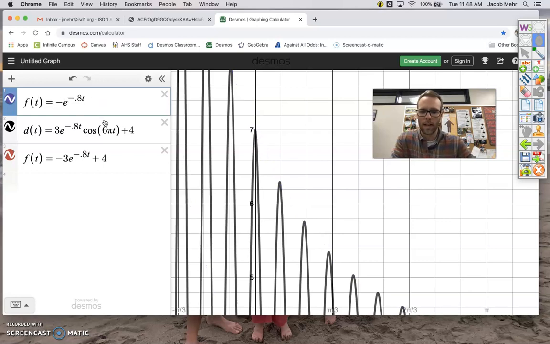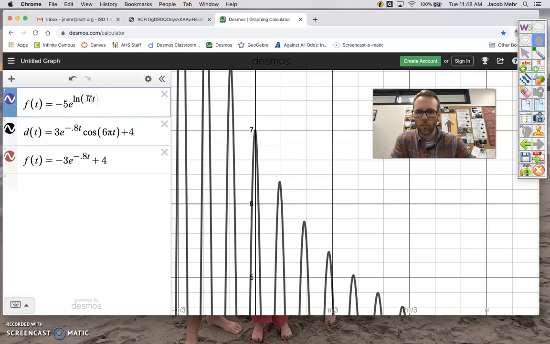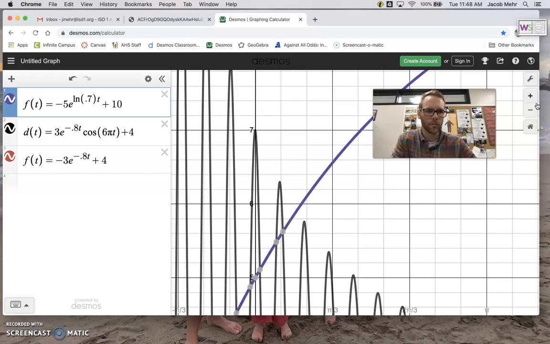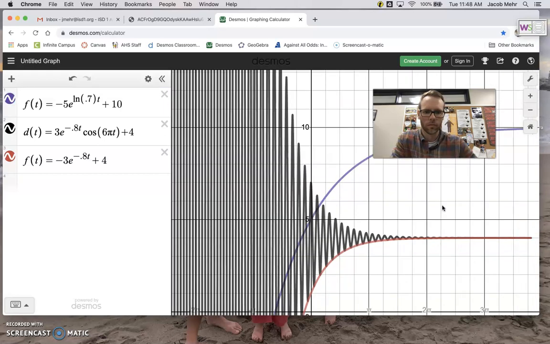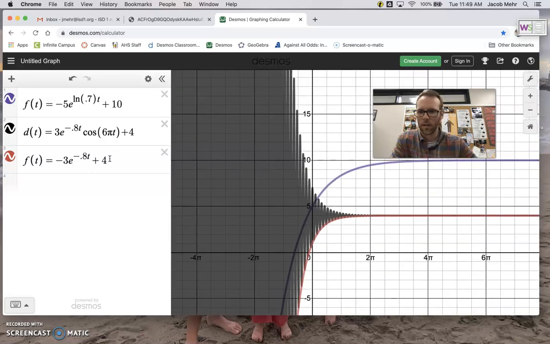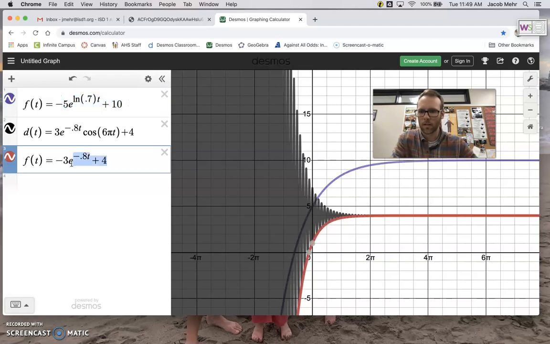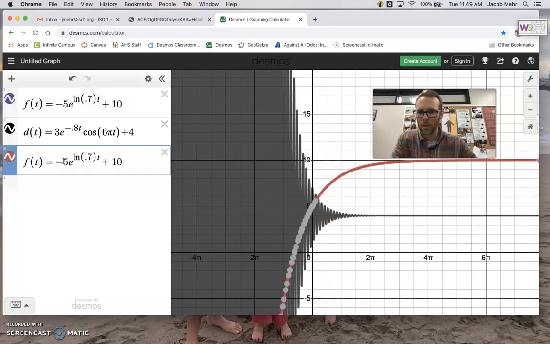All right, let's put a -5 there. And then this was what? The natural log of 0.7. Now, remember on the last one, we also had to move this up. So let's add 10 to that. All right, let's do the same thing here, but then I'm going to get rid of the negative to bound it on the top.